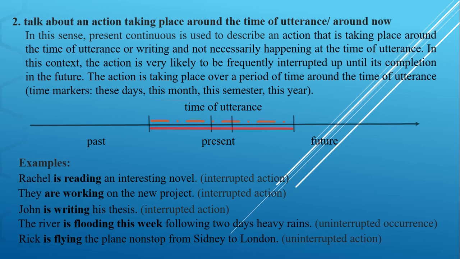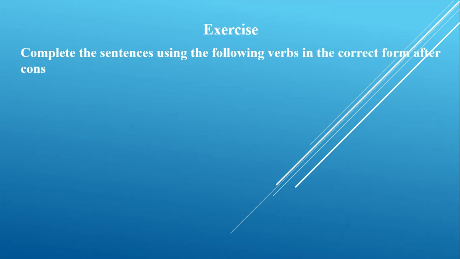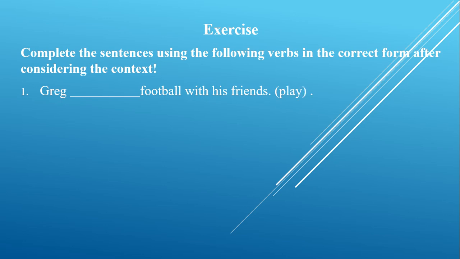Okay, to figure out what we have learned so far, we have an exercise. In this exercise, you are supposed to complete the sentences using the following verbs in the correct form after considering the context. So here you go. There are two problems that you got to solve.